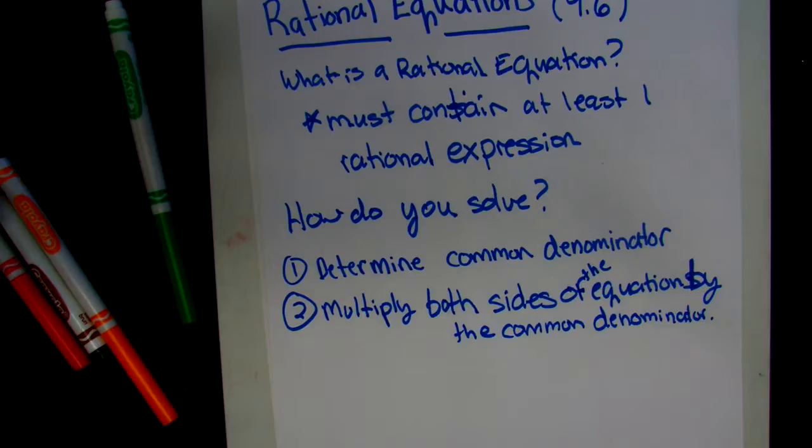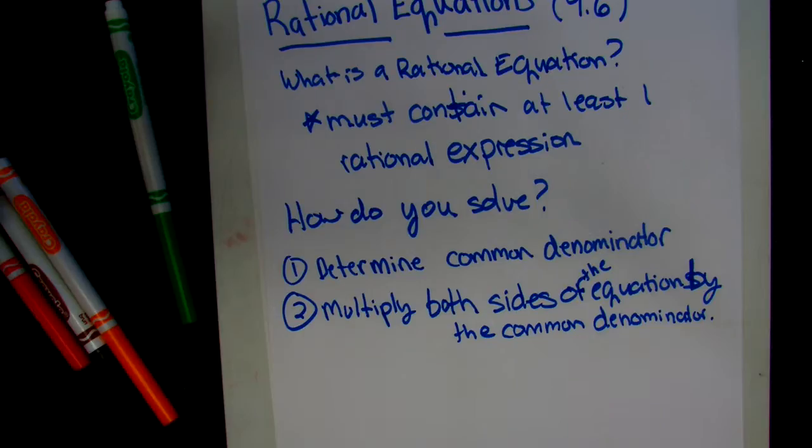When you do that, you eliminate all of the rational expressions, because when you multiply by the denominator, you can cancel that denominator out and you no longer have a fraction. You no longer have a rational expression.